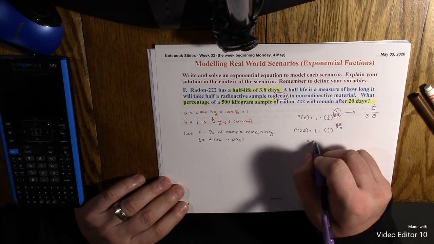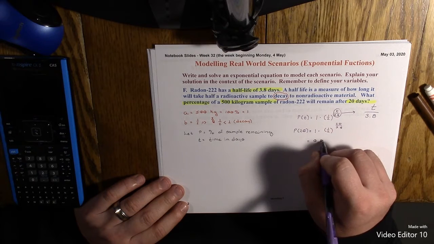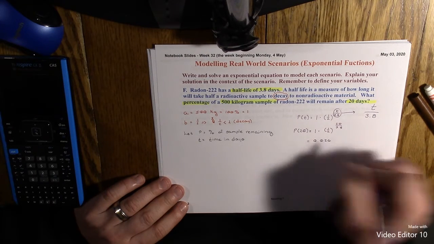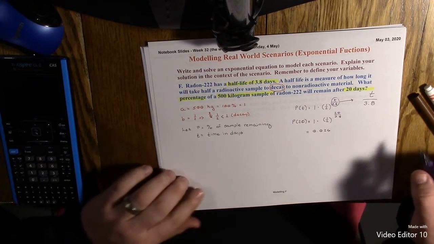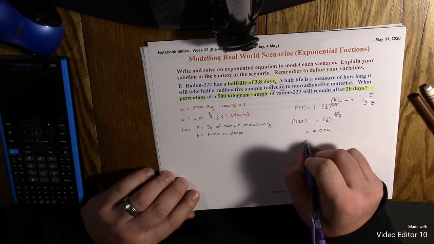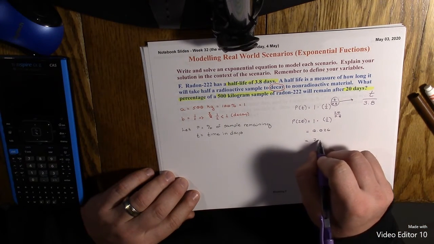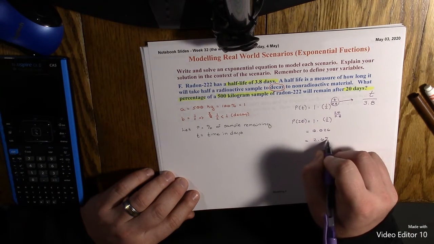When we do that, we end up with approximately 0.026. Remember, that was 1 because 1 stood for 100%. So if we rewrite this as a percent, we get 2.6%.